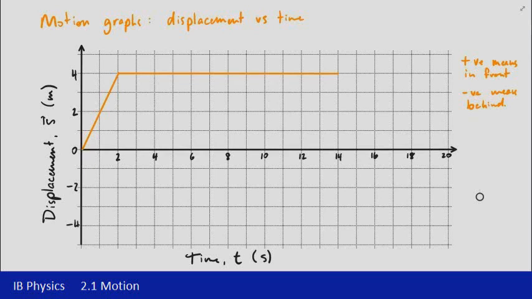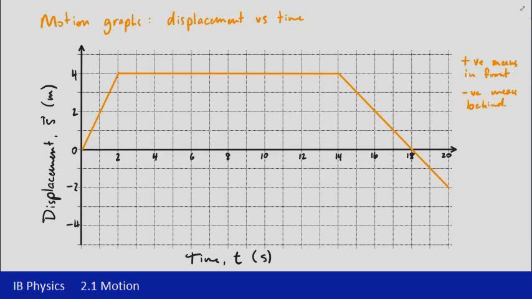Once it had stopped up until 14 seconds, it then actually started to run back towards and then went past and ended up having covered a total distance of 10 meters. Now you'll notice here we've got a distance of 4 meters covered going away. We've then got a total distance of 6 meters covered coming backwards, so the total distance covered by the dog is still 10 meters.